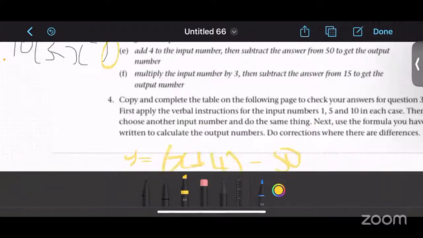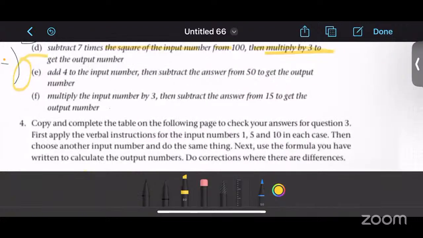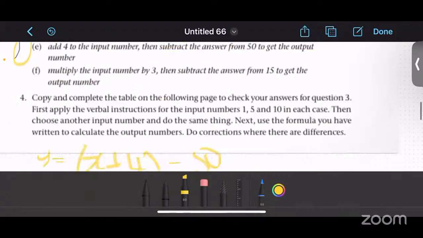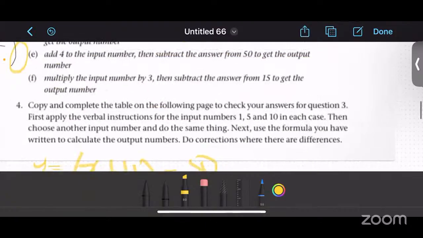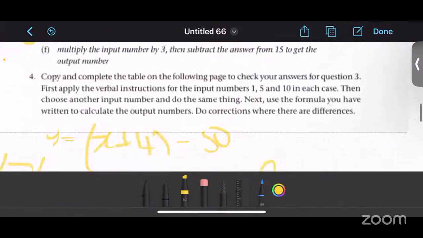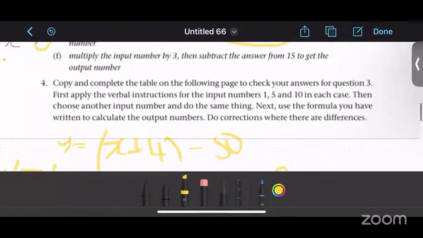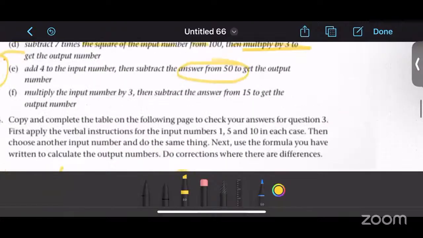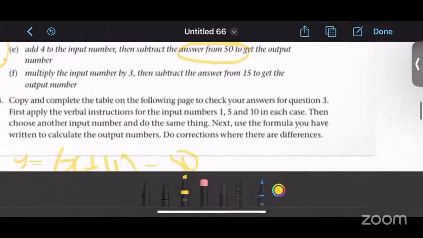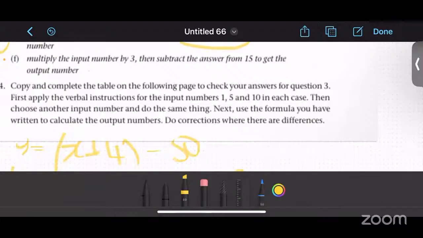And then subtract the answer from 50. Are you still saying the answer is that?